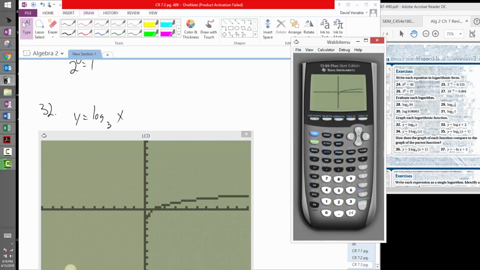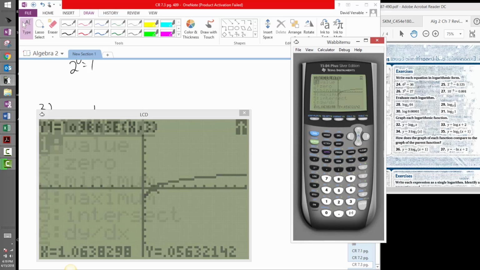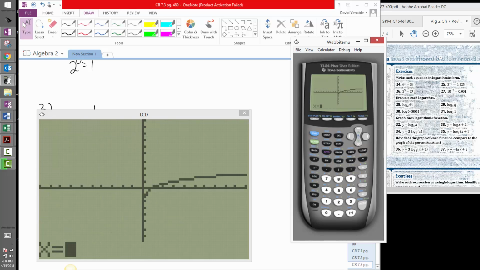If I go to trace here, notice that when the x value is 1, you got y is this number right here. So let me just calculate that. Let me do second calc and get some value. When x is 1, I got a y value of 0. So I could plot points that way if I had to plot this by hand, but I wouldn't want you to graph it by hand. I just want you to get an idea of what it looks like.